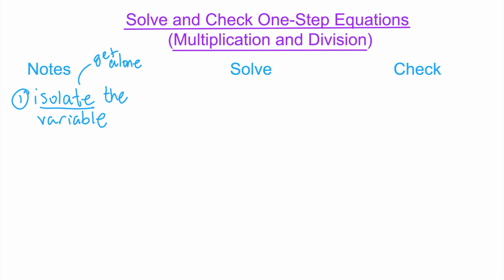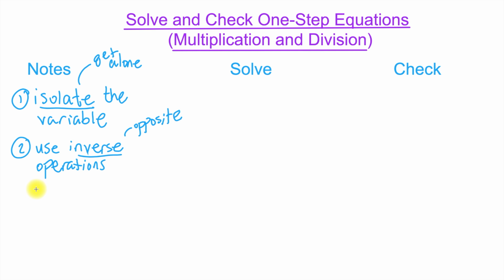Now the question is, how exactly do we isolate the variable? Well, we have to use these things called inverse operations. And inverse operations are just opposite operations. So for example, the inverse operation for addition is subtraction, and the inverse operation for subtraction is addition.